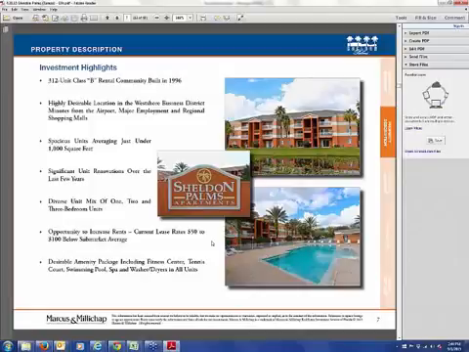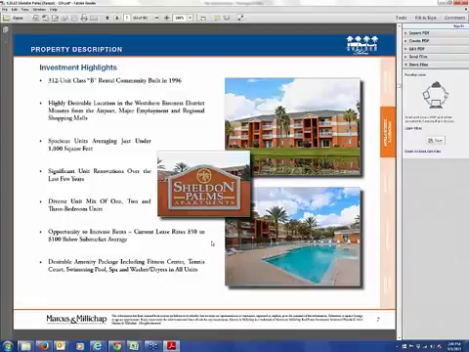Now, the reason why I have an issue with that is because this guy knows the Tampa market better than I do. And if he's telling me that this particular property is a solid B, not a B+, that tells me that I've got a lot of competition at the A level.